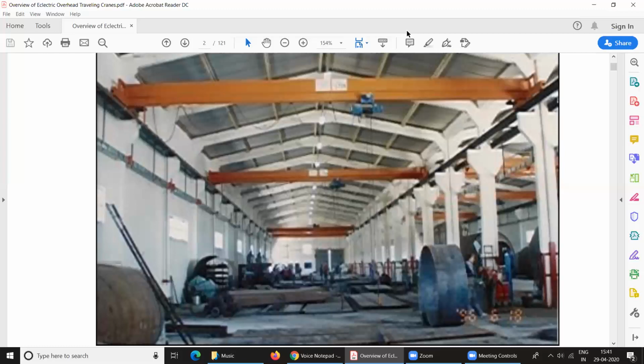Now let me discuss the types of cranes. There are different types of cranes under each classification based on their constructional features and specific uses. Some of the common types are: number one, stationary cranes.